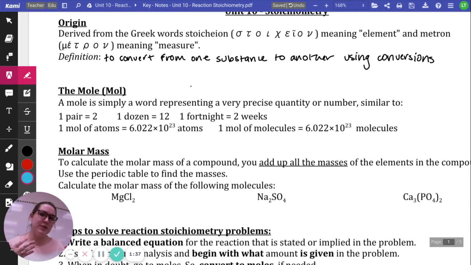So the same way a pair is 2, a dozen is 12, a fortnight is 2 weeks, a mole is equal to 6.02 times 10 to the 23rd. You can use atoms, molecules, ions, formula units are the most common ones that we use there. So 1 mole is 6.02 times 10 to the 23rd. Now, we're not really going to use that conversion very often, but it is important to know what a mole is in order to understand some of our other conversions.